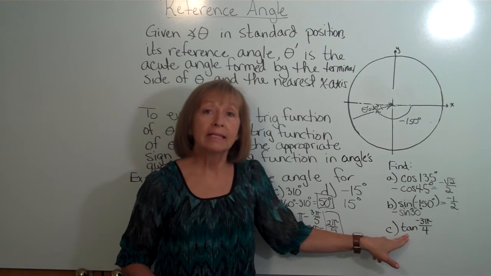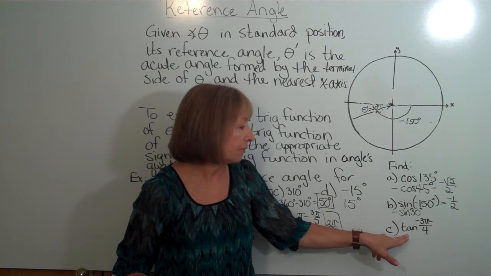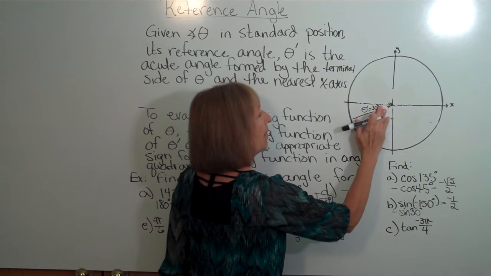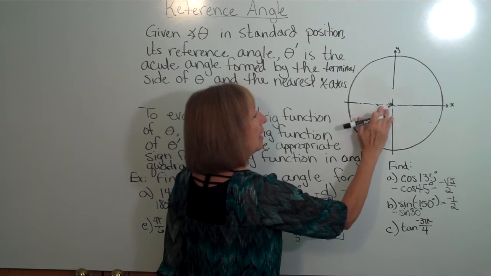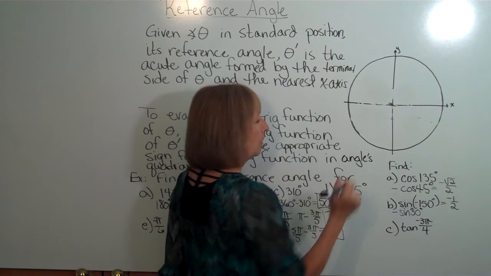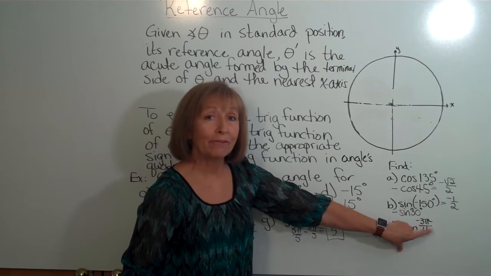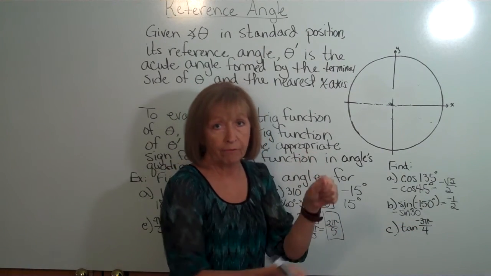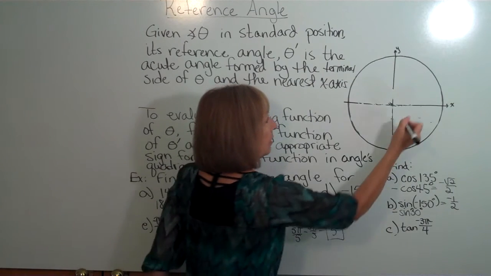Last one, the tangent of negative 3 pi over 4. So when we think about our work with going negative 3 pi over 4, I'm going to go down and around, and I'm going to go 1/4, 2/4, 3/4.